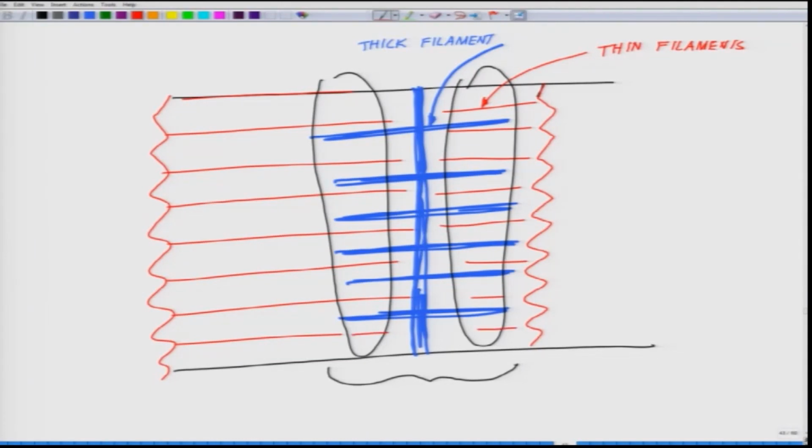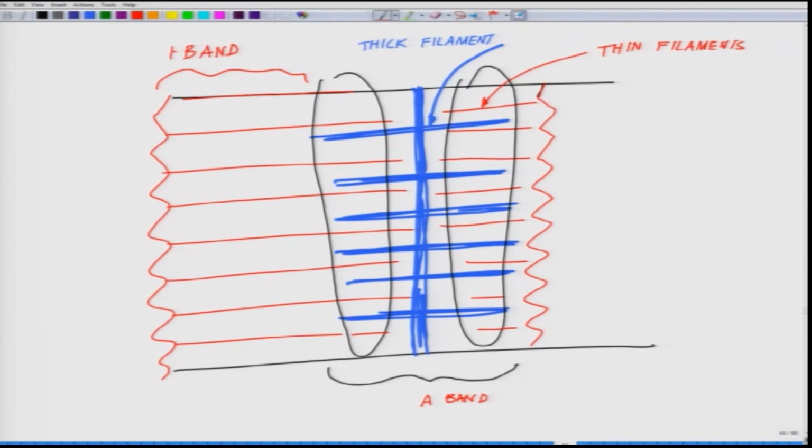The zone of overlap leads to a lot of pattern being generated, and this whole zone is sometimes called in the literature the A band, where I have put it, and there is a zone where you will not find these blue lines, a very light zone which is called the I band. I do not want to get bogged down into this I and Z band, but you just try to understand.